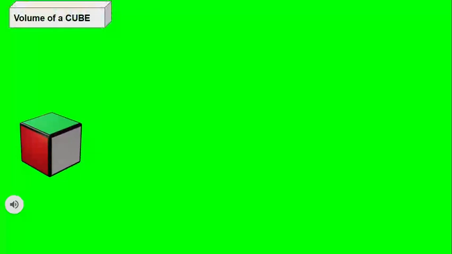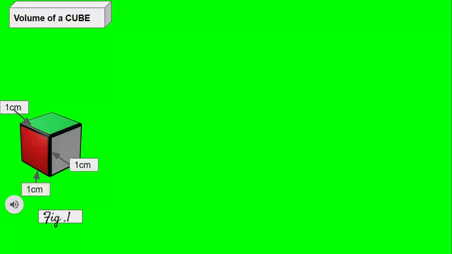So let's take this example. In the first case, this is our first scenario where we have just one cube, and let's say the length of each side of this cube is 1 centimeter. Now in a cube, all sides are equal, isn't it? So each side measures 1 centimeter. So what would be the volume of this cube? How do we calculate volume?